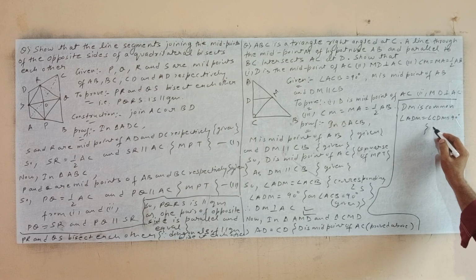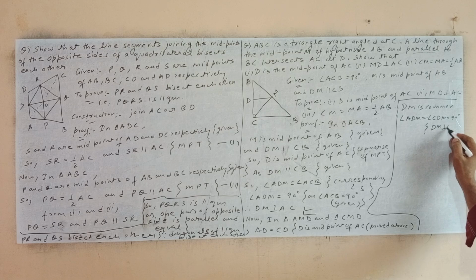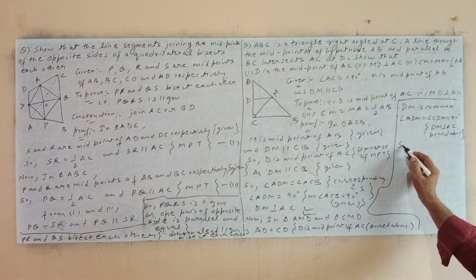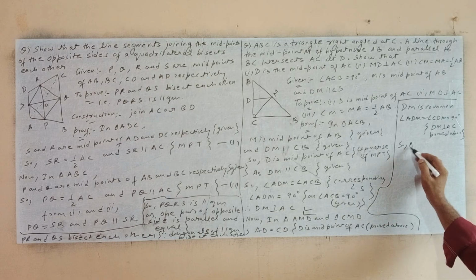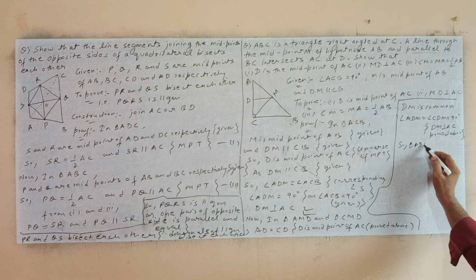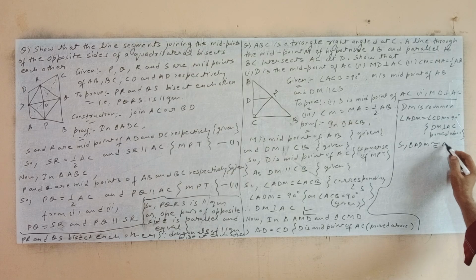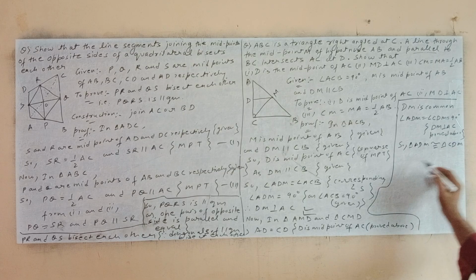In reason you will write DM is perpendicular to AC, proved above. So you can say that triangle ADM is congruent to triangle CDM.